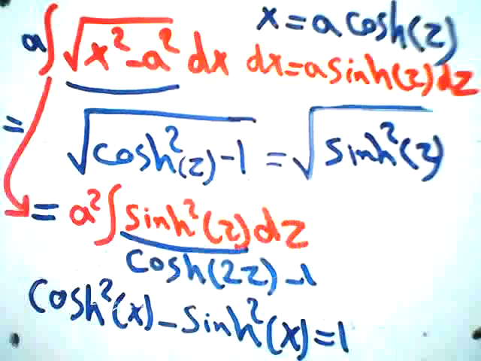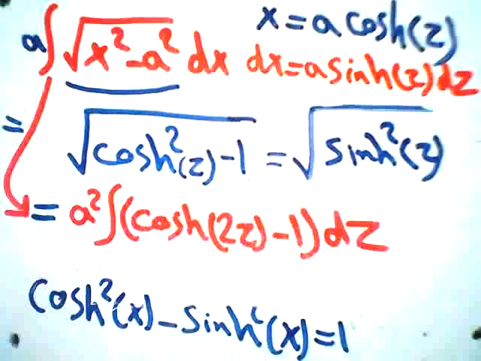Now sine hyperbolic squared of z equals cosine hyperbolic of 2z minus 1. We could easily derive that. This came from the formula below, and also the formula for cosine hyperbolic of 2z, which is cosine hyperbolic squared plus sine hyperbolic squared of z.